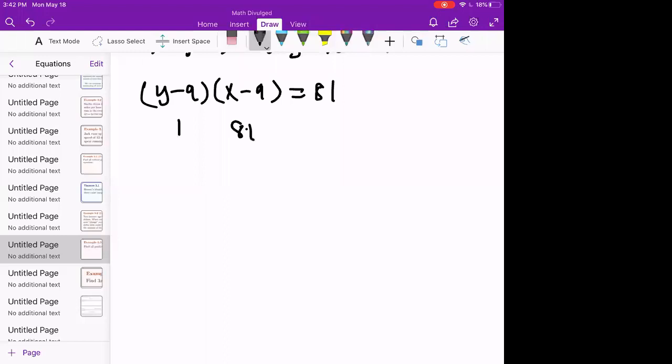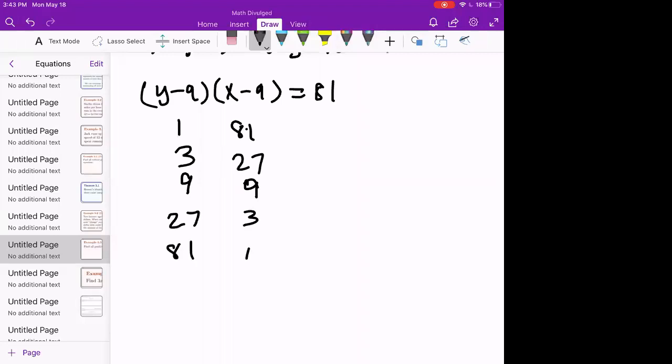And when you multiply them both, they'll give us 81, which is what we want. And then something else we could try is if we do y minus 9 is equal to 3 and then x minus 9 is 27. This would also give us two numbers that multiply to 81. So listing the remaining, I guess, factorings of 81, we have 9, 9, and then we can reverse them. You get 27, 3, 81, and 1.